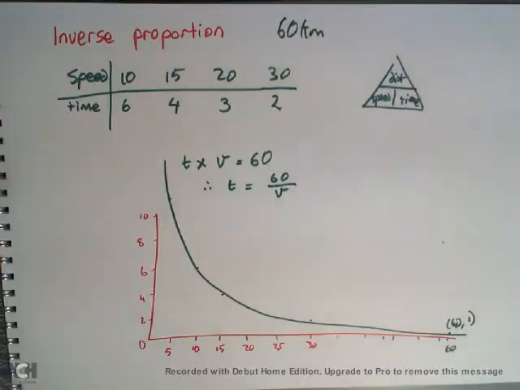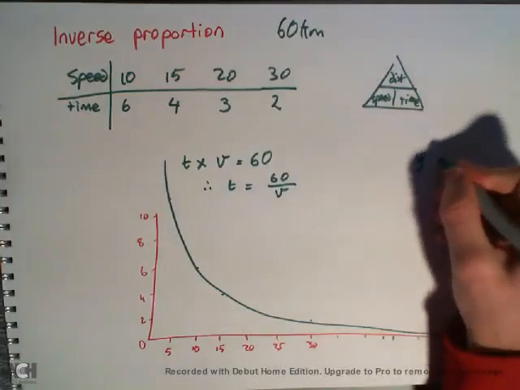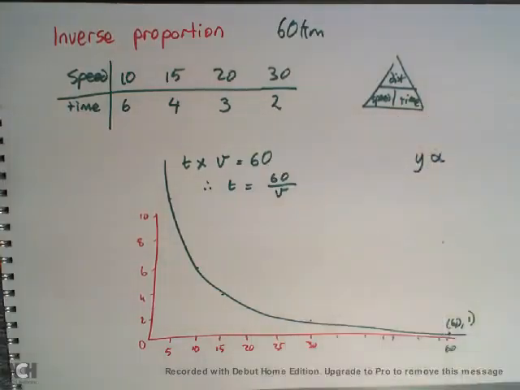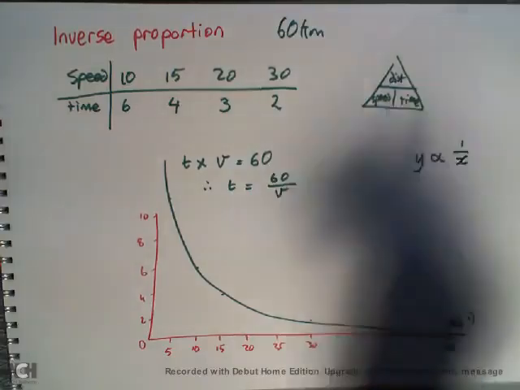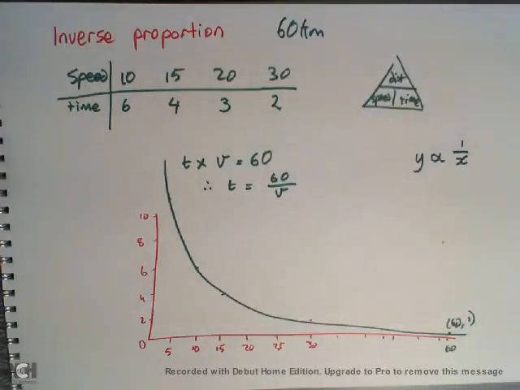So in general, you can say the following rules. y is inversely proportional to x, and we actually write that as y, and a little funny symbol that looks like that, inversely proportional to x.